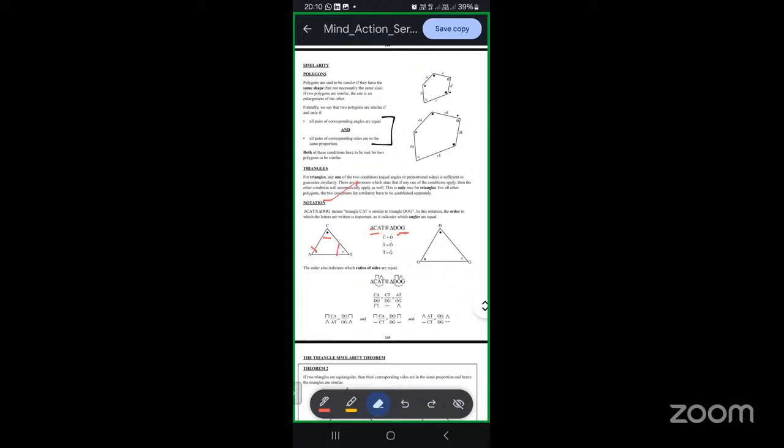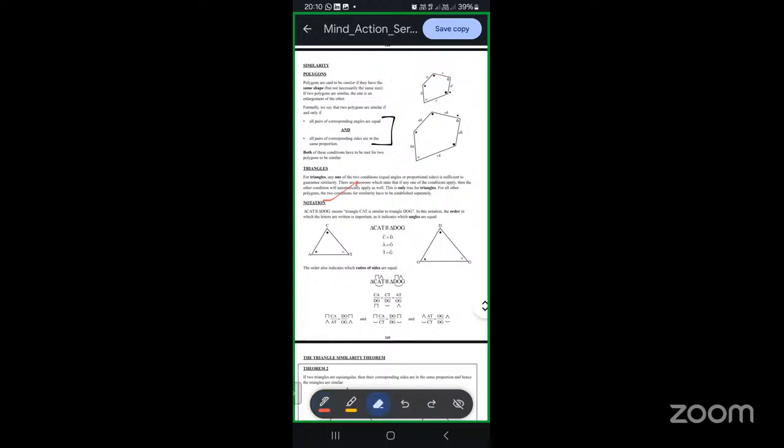Now we can just cook some ratios. I love cooking. Now we can cook some ratios from those similar triangles. How are we going to cook them? So we have triangle CAT is similar to triangle DOG, my dog.